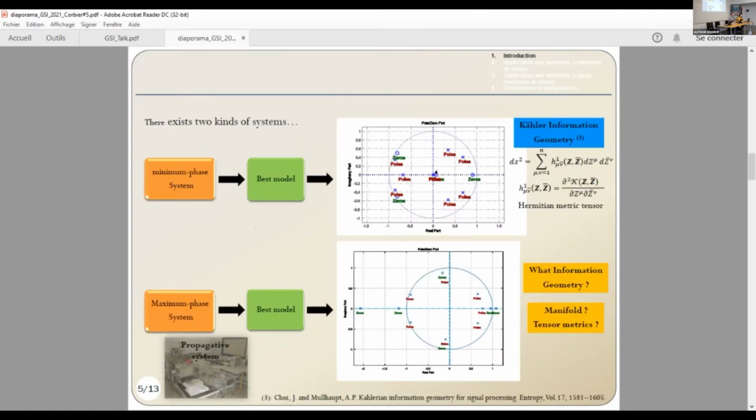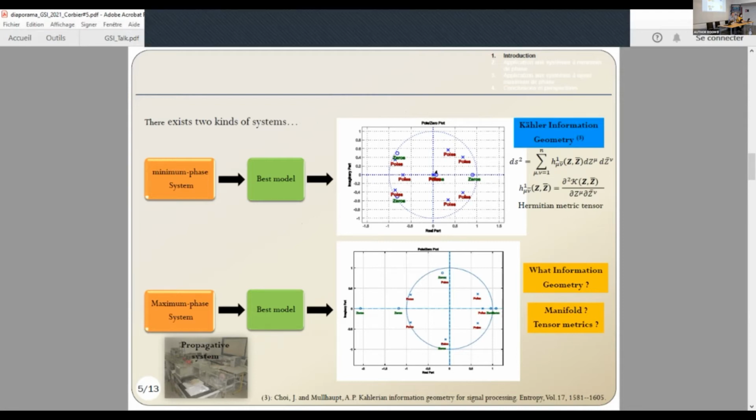In fact, there exist two kinds of systems in the literature. A minimum phase system is a system where all zeros and poles are inside the unit disk.